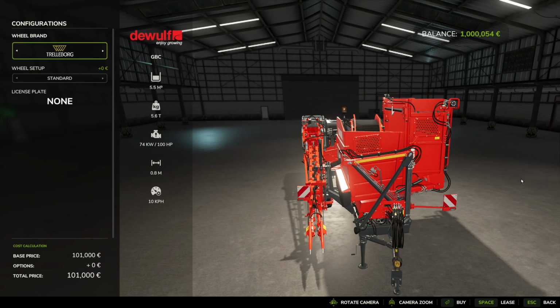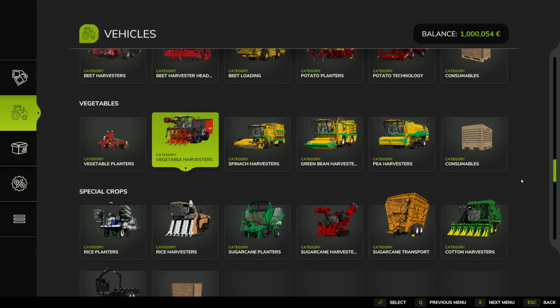But I should still warn you, it will take hours and hours. But I think these vegetable harvesters are a very good example in showing when it is worth to rent a machine, or maybe you shouldn't grow it at all.